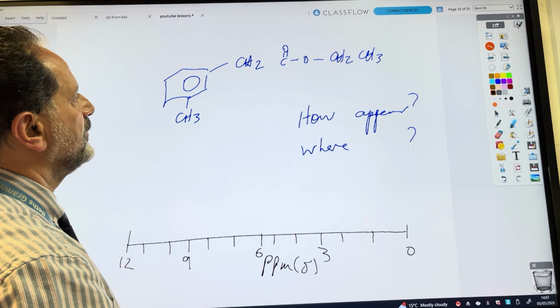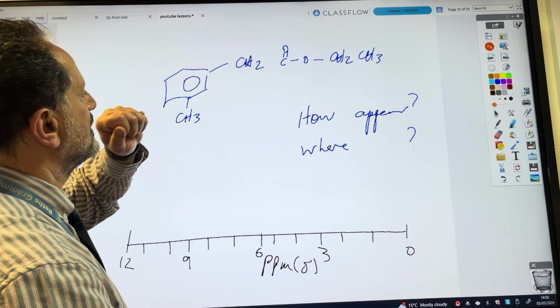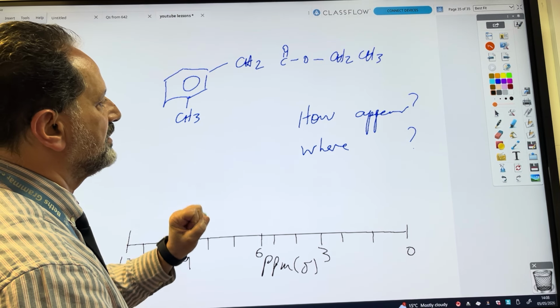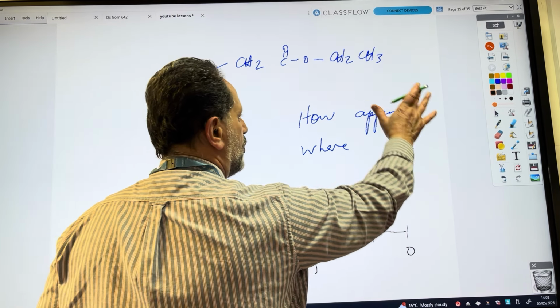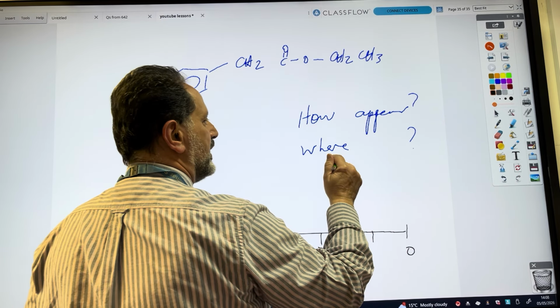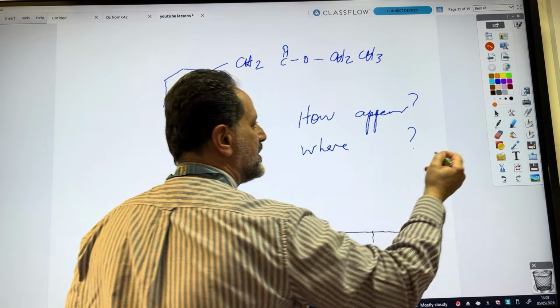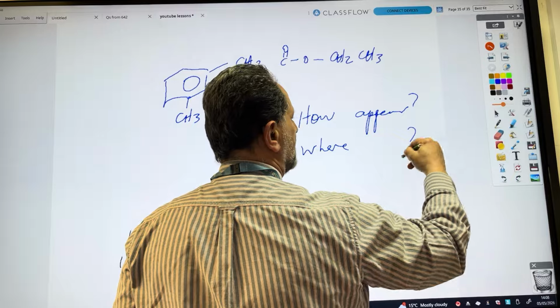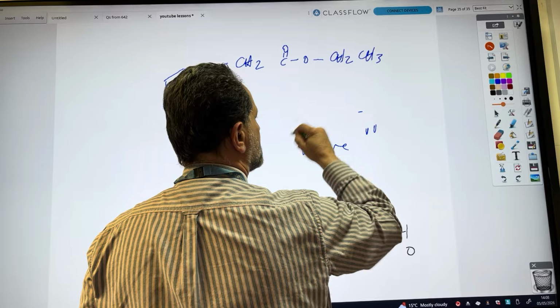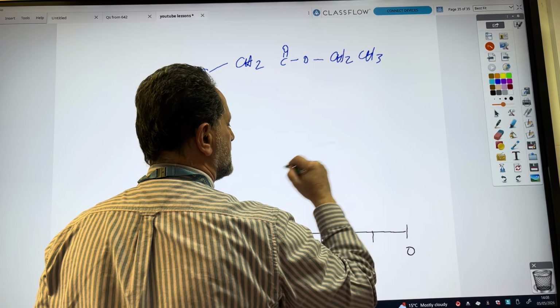Okay, now if you've got something like this, where would you see the signals and why? I hope you understand the how and the where, and then the other one is how many. By how many, I mean how many protons are there in that signal. Let me get rid of these because I need this space to actually do the analysis.